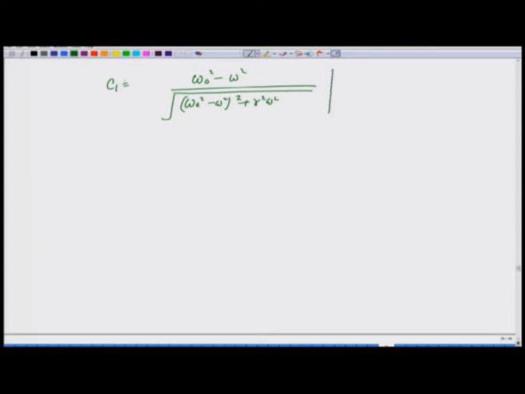Its modulus is less than or equal to 1, and therefore, I am going to call C1 equals cosine of some phase phi. Phi is constant, independent of time.